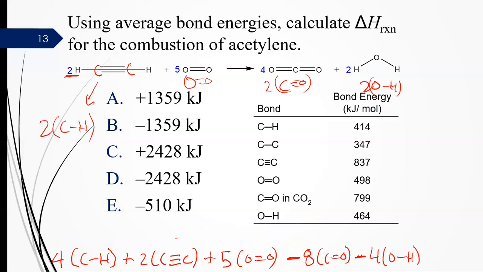So I'm going to go ahead and take that away for a second so we can get a little more space in here. So this becomes 4 times our carbon to hydrogen bond, which we get from here, 414, plus 2 times the C triple bond, which is going to be 837. We have our double bond for oxygen, 498.